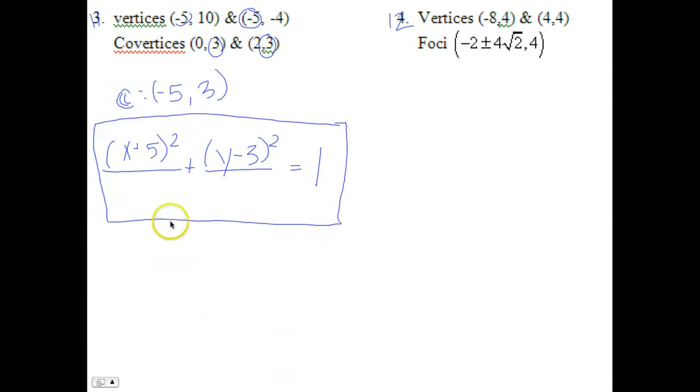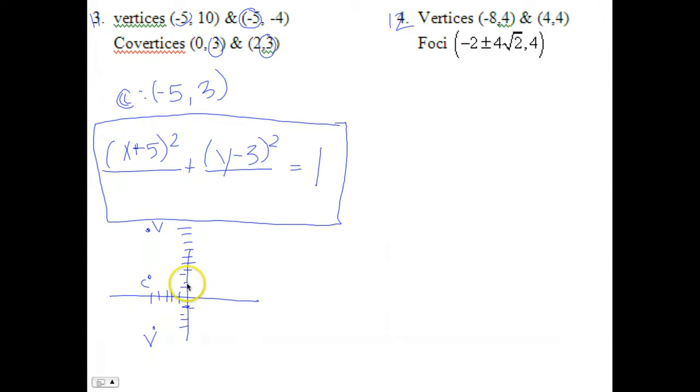And once again, a sketch can just help us identify this. 1, 2, 3, 4, 5, 1, 2, 3. So our center. Our vertices are negative 5, 10, 3, 4, 5, 6, 7, 8, 9, 10. And then negative 5, negative 4.